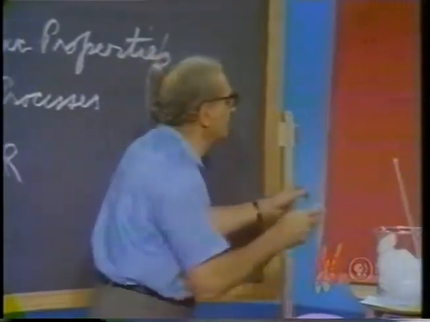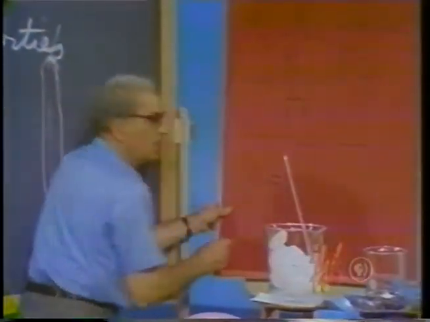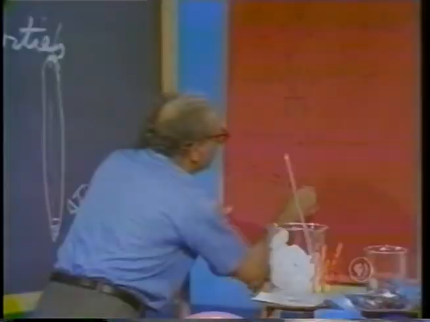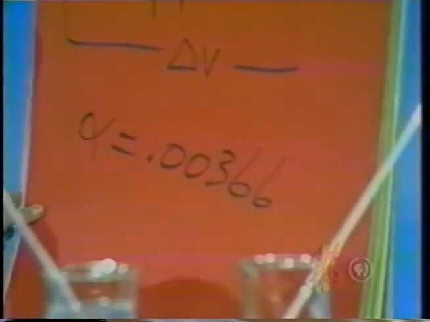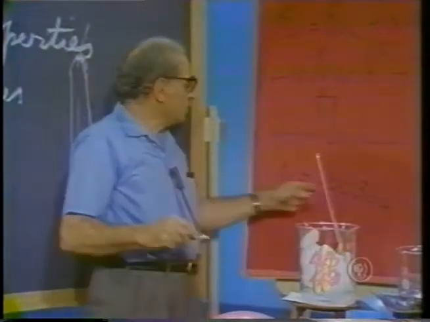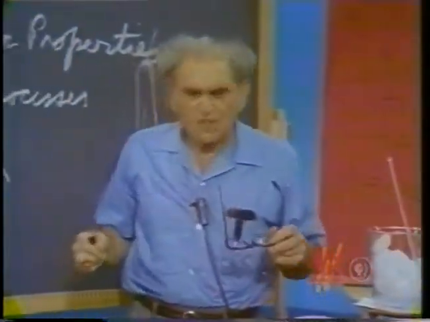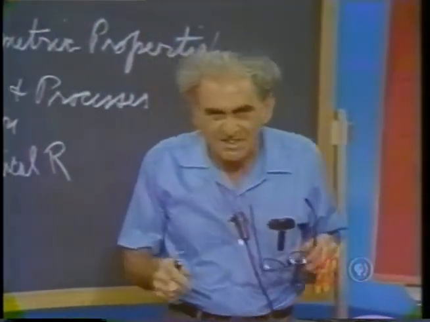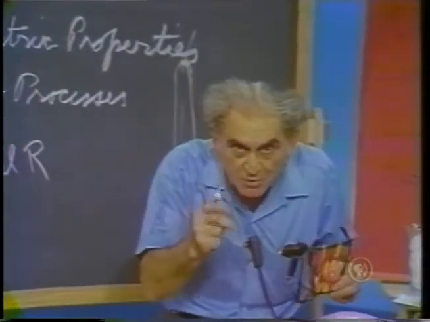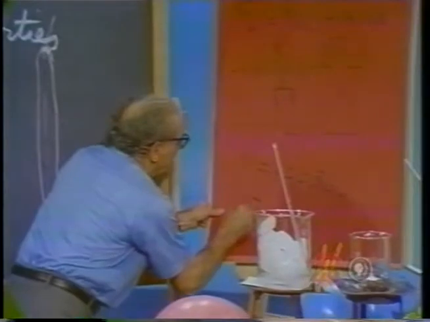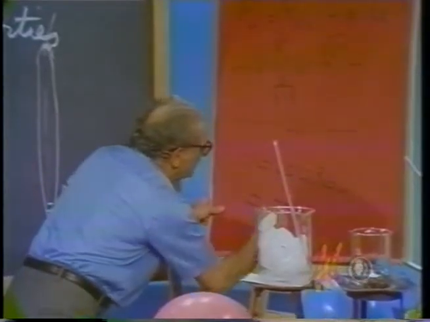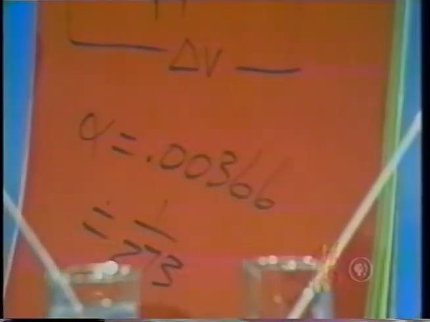And it turns out to have a value about like this, .00366 ohms per degree centigrade. And so somebody says, Professor, what does all that number mean? And I'm going to tell you an important secret. That number happens to be about 1/273rd. One over 273.